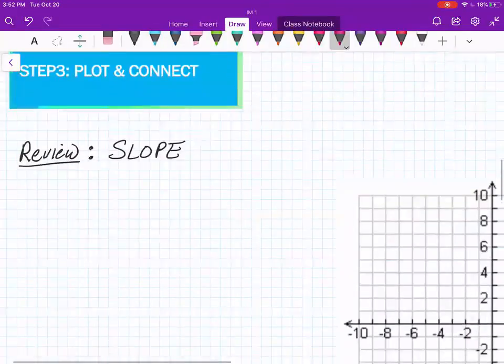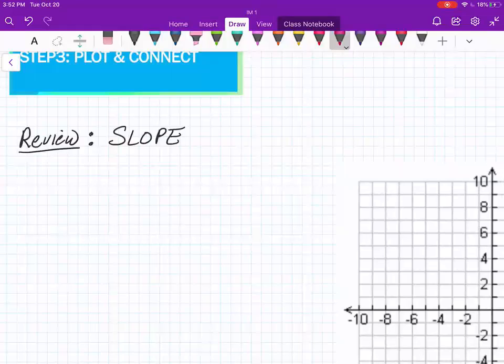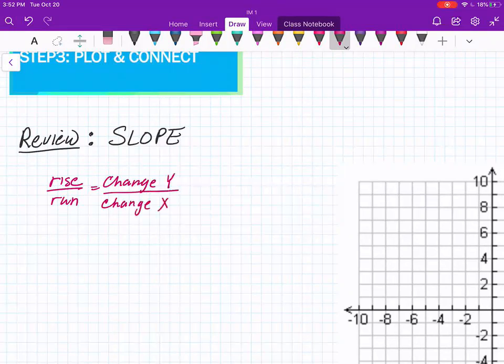One other thing I would like to review with you is slope and the slope formula. So the slope is rise over run. Rise over run is the change in our vertical, or our y, over the change in our horizontal, or our x.